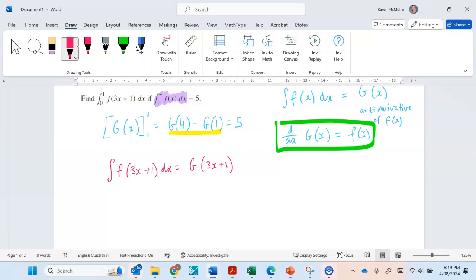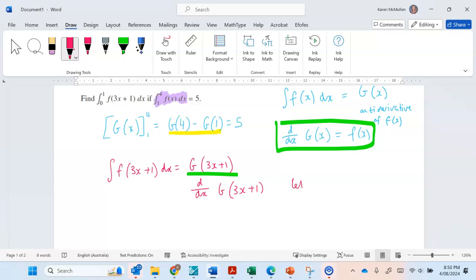So let's have a look first of all at finding this derivative. So we're going to find the derivative of g of 3x plus 1. Now, you had a question like this on your practice SAC and on your actual SAC. So when you're finding the derivative using function notation, all right, and you've got a function inside there, like we do, 3x plus 1, you're just using the chain rule.